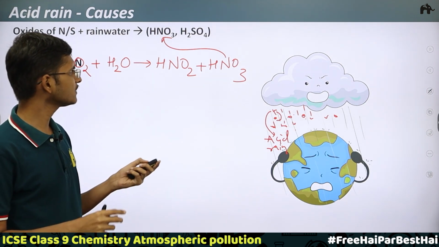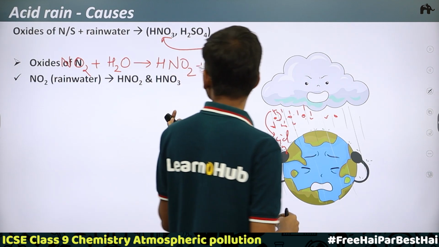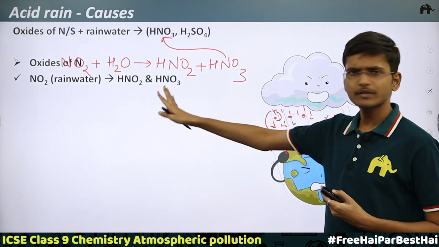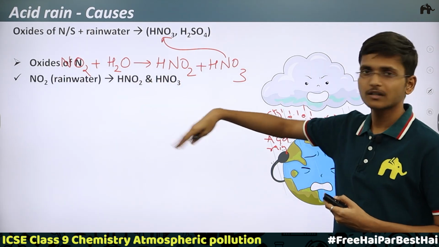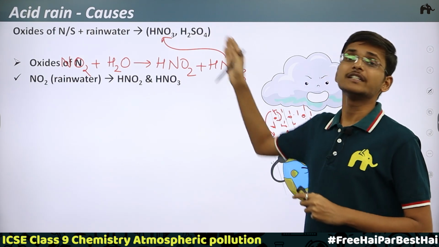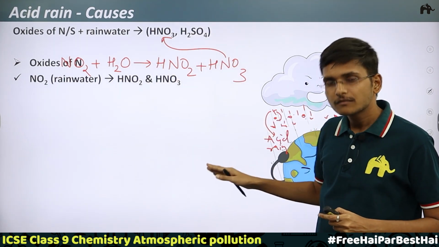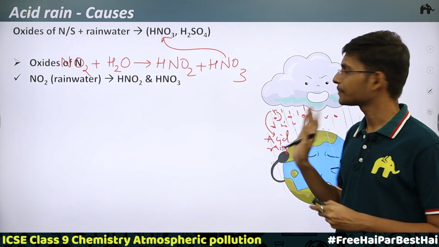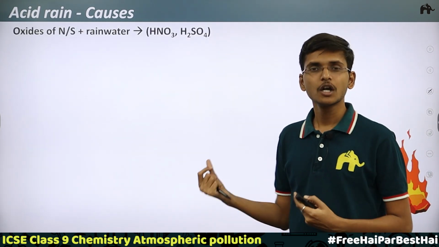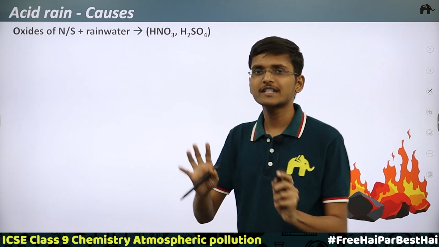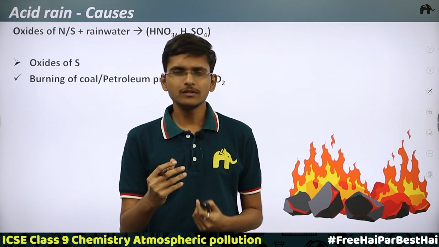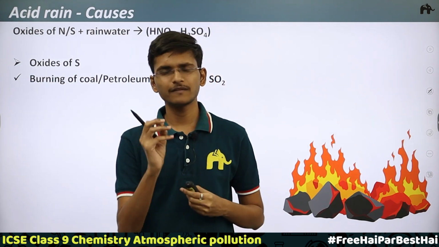Now in a similar manner, we have just seen how the oxides of nitrogen result in nitric acid, which in turn mixes with the rainwater and results in the formation of acid rain. So in the same way, let's see how oxides of sulfur do this. First of all, let's see how they are formed. We all know the coal has some sulfur in it.